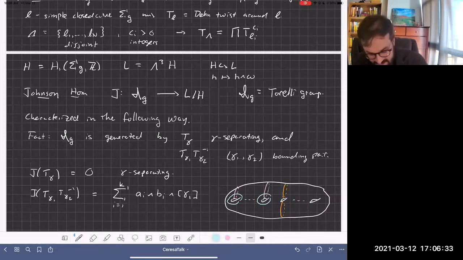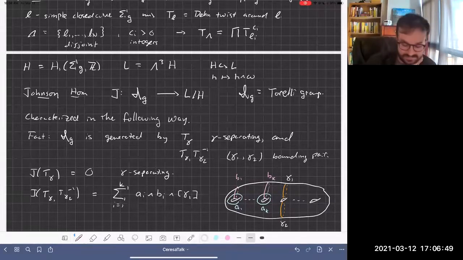So the a_i, a_1 through a_k, form one half, and then b_1 through b_k form the other half of the symplectic basis. And then here we have gamma 1, gamma 2.